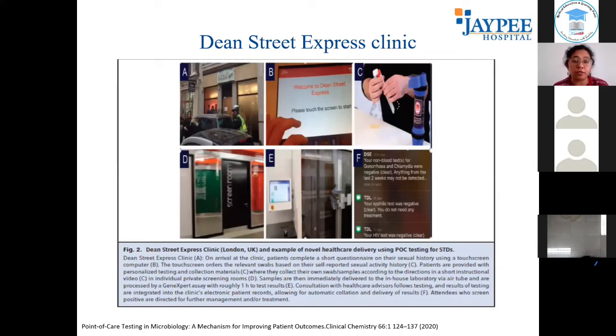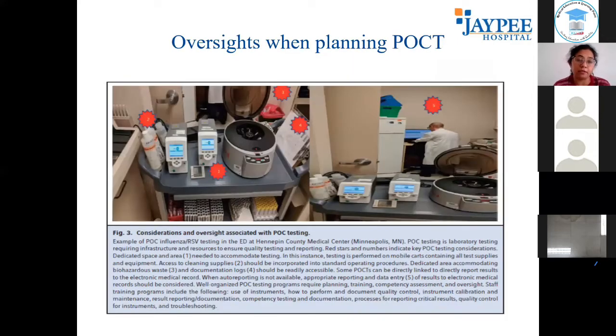So the individual goes into the private room, gives a sample, then comes back and delivers the sample to the port, and it is automatically processed in the GeneXpert, and the results are released to the consultant, and the patient can go and meet the consultant and take his treatment. I was quite amazed to see how everything has been automated through self-testing and a walk-in clinic, automated cleaning, where the patient himself does the test.